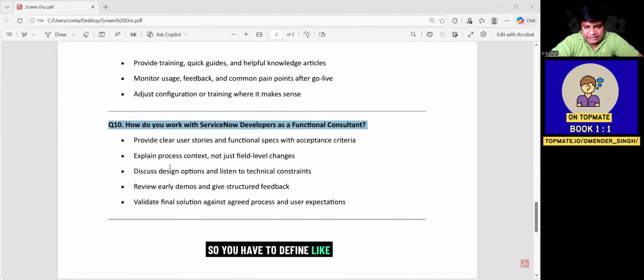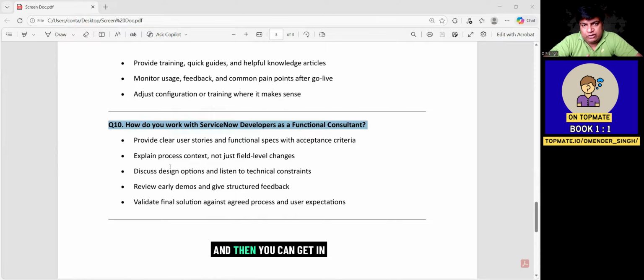You have to define it like this so that the story is complete. You also get in touch with the developers at regular times and listen to their technical suggestions, and respect the platform limitations as well, because not everything you suggest is possible, but there are ways to do it. You have to understand these technical difficulties and come up with a win-win situation at both ends.